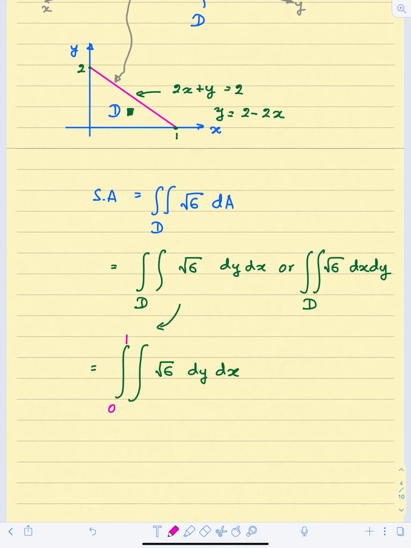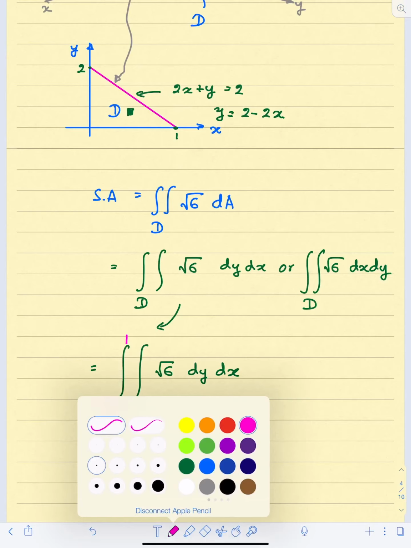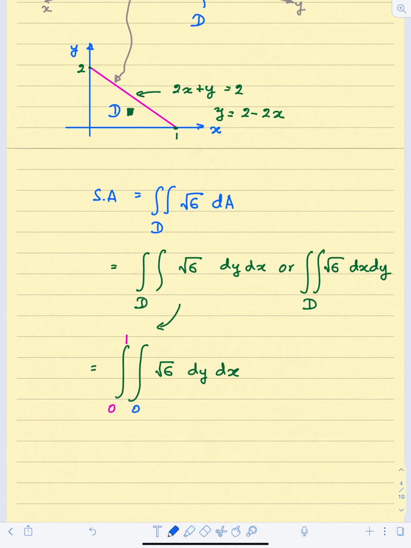Now let's figure out the limits of the inner integral. The inner integral corresponds to the y variable. If you think about this area element, the lower limit of y is bounded by the x-axis, and the upper limit of y is bounded by this line. The lower limit of y should be 0. However, the upper limit of y should be 2 minus 2x.